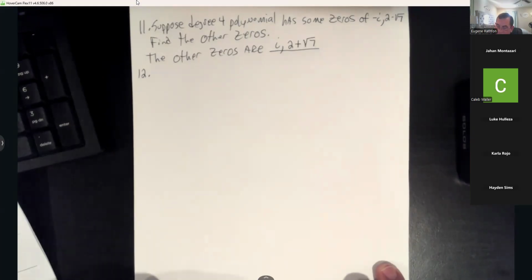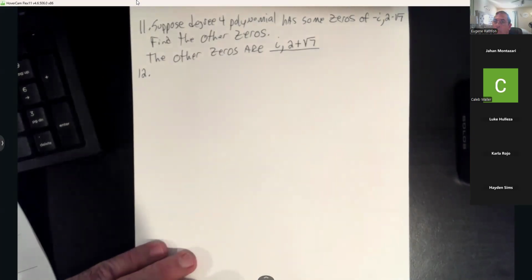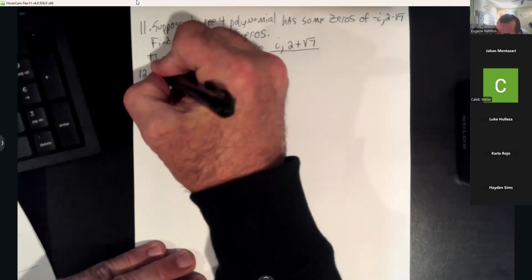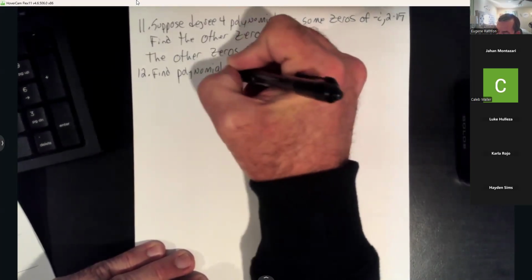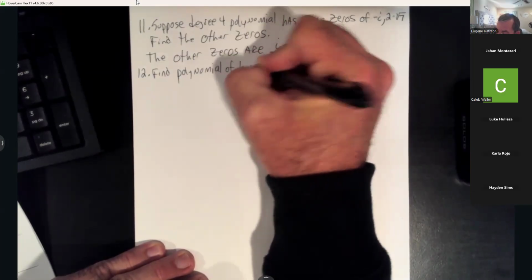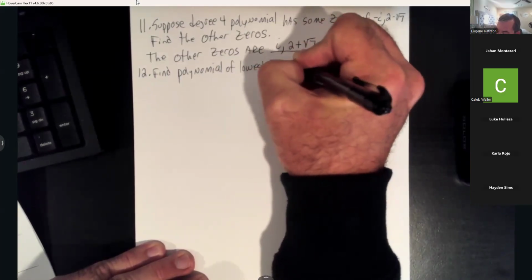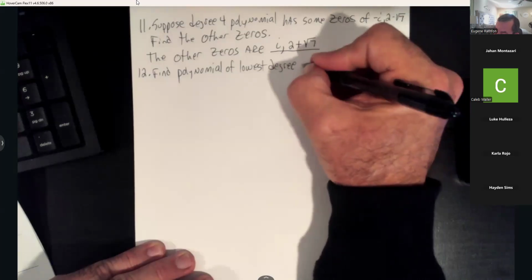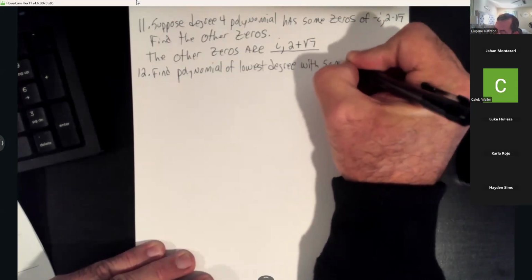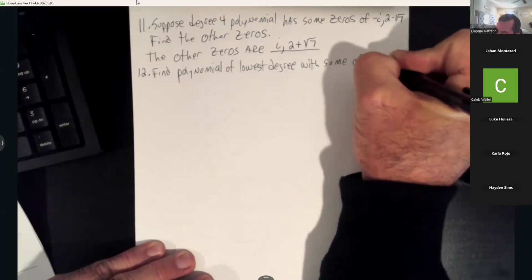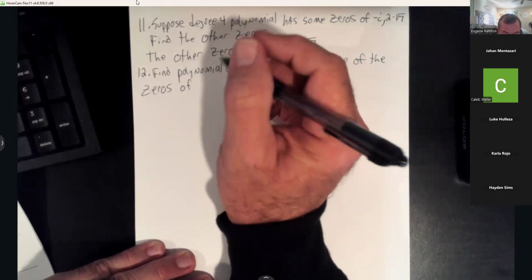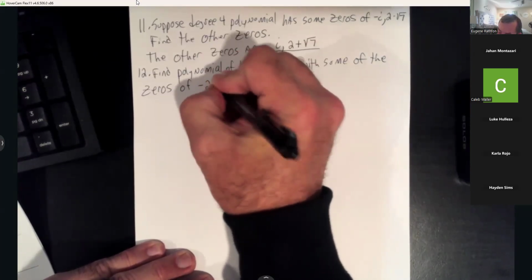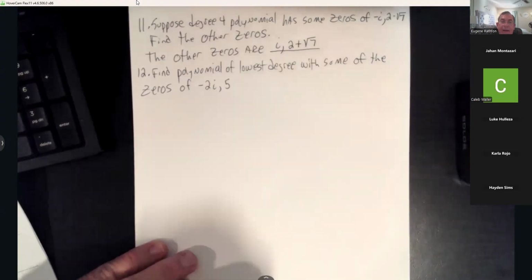All righty, y'all. So it looks like number 12 will be the last one where I got to do any foiling. So they want me to find the polynomial of lowest degree with zeros of i, a negative 2i and 5.